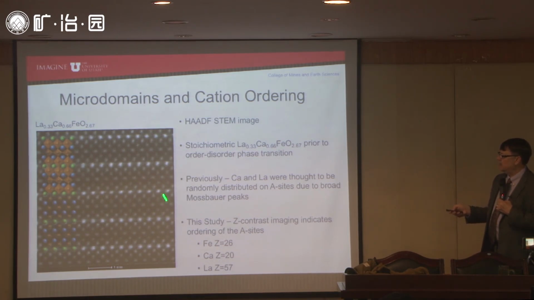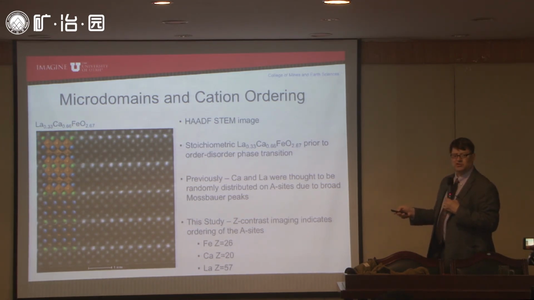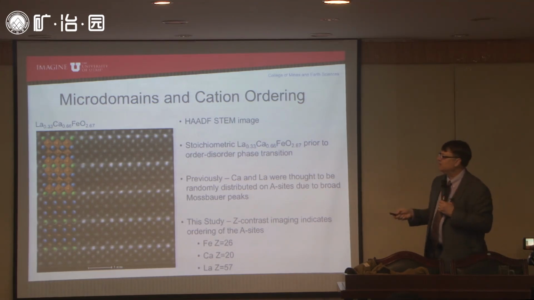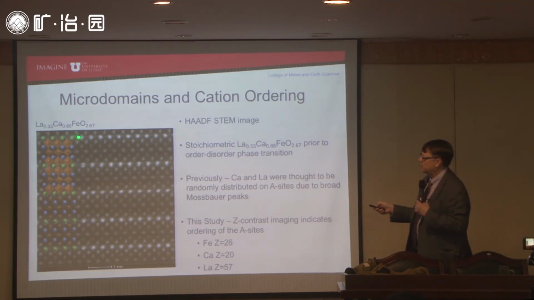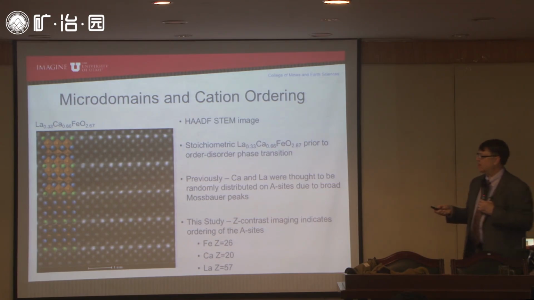So what you're seeing here is a high-resolution TEM image of our crystal structure, and you'll notice I superimposed that Grignard structure, that little cartoon that I showed you earlier, onto the diagram at the same scale. So you can see the little green atoms, and then you see the octahedra, then the blue atoms, and the tetrahedra. So these bright spots are the lanthanum atoms because it's a higher atomic weight atom.